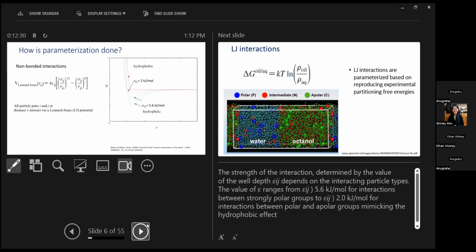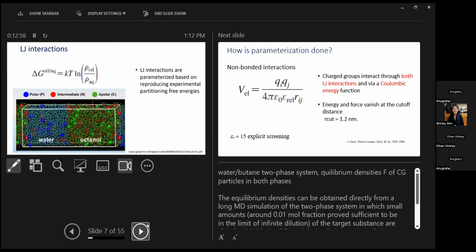For example, 5.6 kilojoules per mole for hydrophilic amino acids. By essentially considering different depths, we can mimic hydrophobic effects. For example, some amino acids which are hydrophobic in a solvent environment like water would want to stay inside, right? To mimic that effect, we consider the depth.